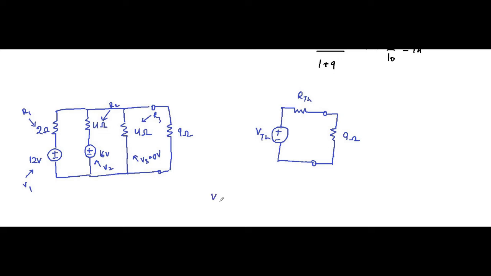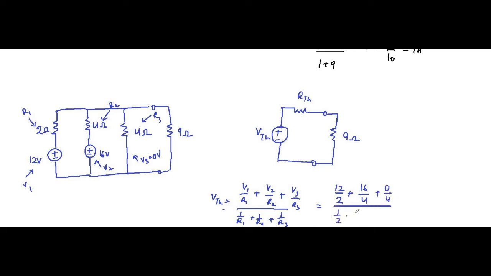VTH is simply V1 by R1 plus V2 by R2 plus V3 by R3, divided by 1 by R1 plus 1 by R2 plus 1 by R3, which is equal to 12 by 2 plus 16 by 4 plus 0 by 4, because V3 is 0 volt, divided by 1 by 2 plus 1 by 4 plus 1 by 4.